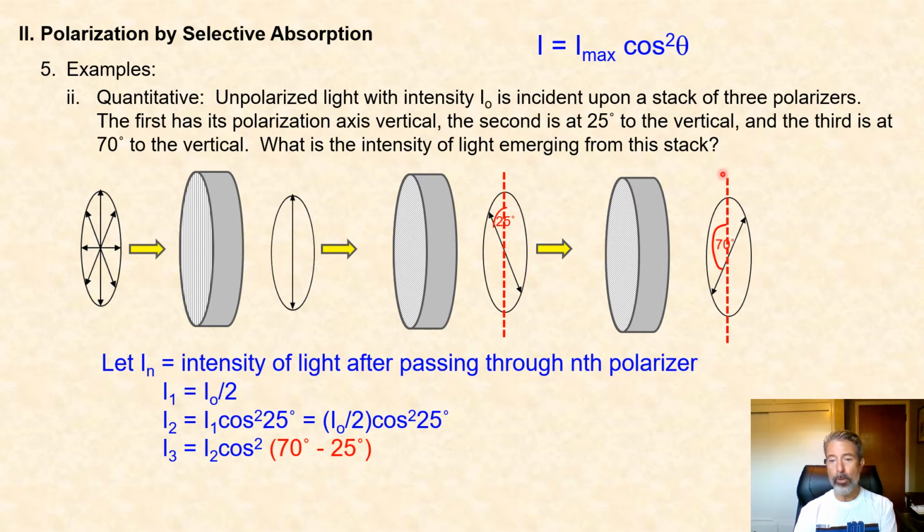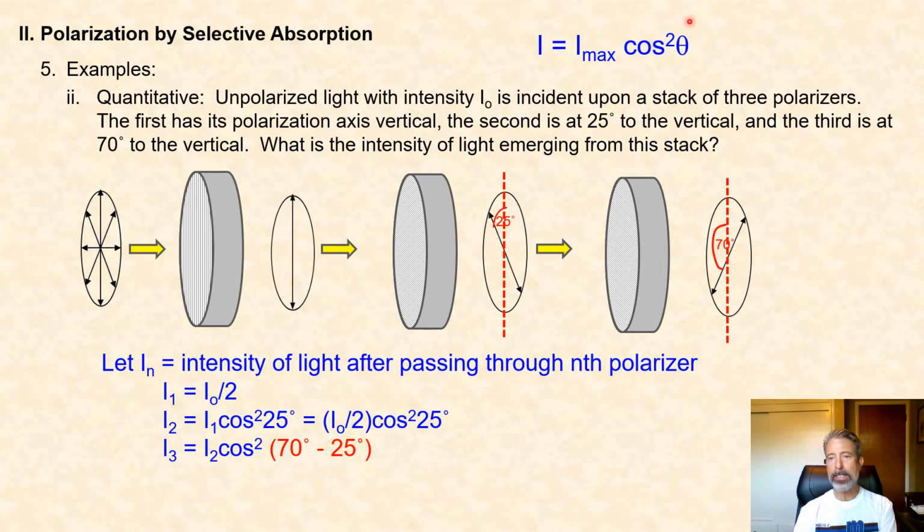Notice that we are told that the transmission axis of the second analyzer is at a 70-degree angle with respect to the vertical. But that is not the angle theta that you see here in the law of Malus.